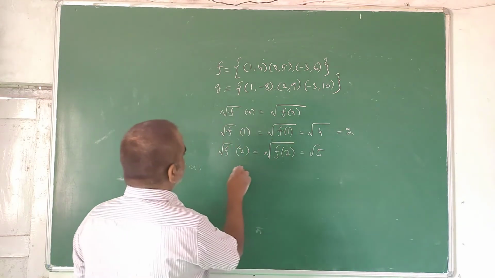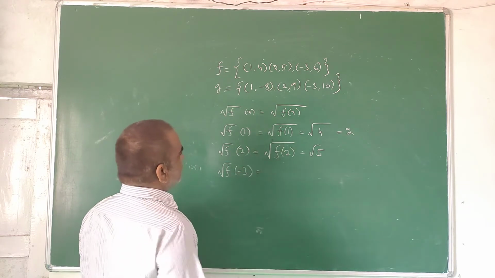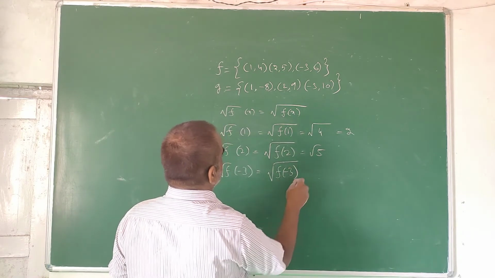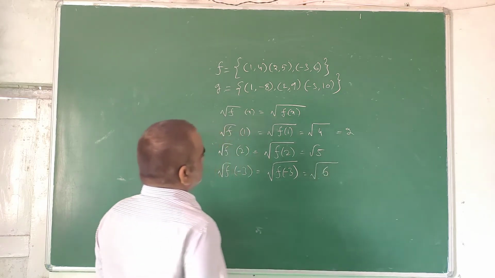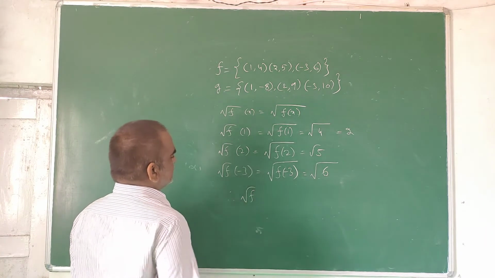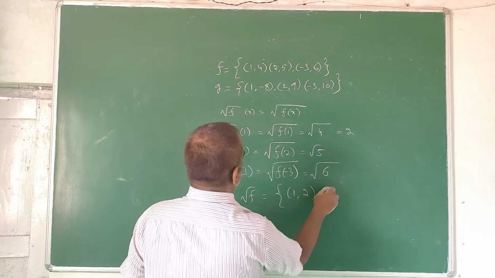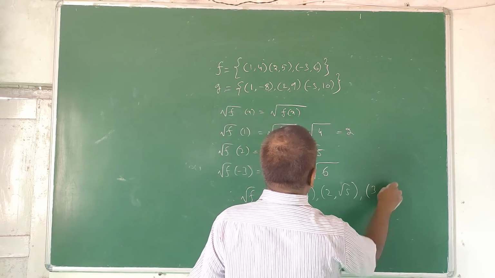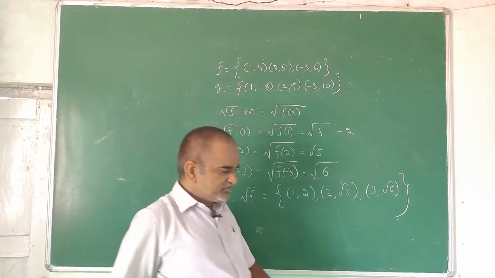You keep it unchanged. Now root f of minus 3, which is equal to root over f of minus 3, which is root 6, right? Therefore, root f is equal to 1 comma 2, 2 comma root 5, minus 3 comma root 6. Did you understand? Right.